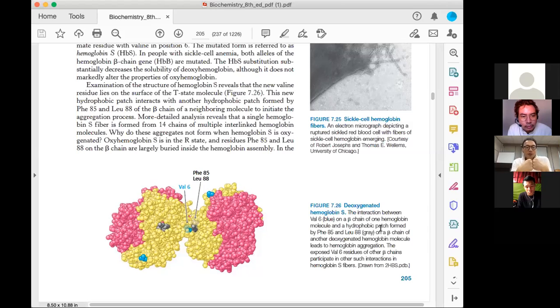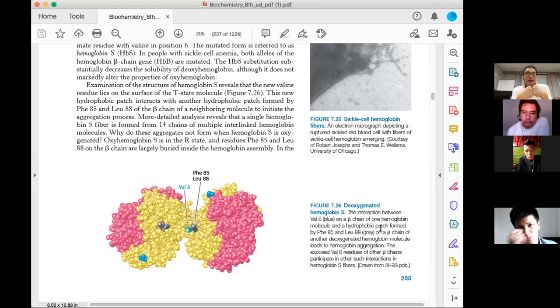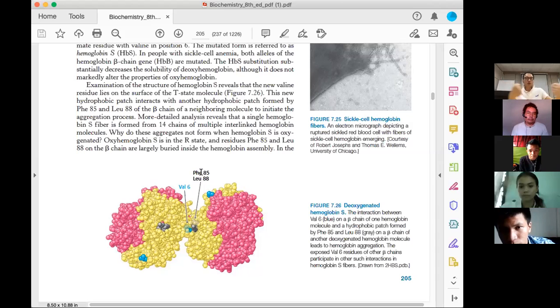You want to understand that amino acid interaction is based on whether or not you have the same property. For example, valine, leucine, and phenylalanine are hydrophobic, right? So hydrophobic molecules tend to aggregate together, and therefore the hemoglobin is going to aggregate together.